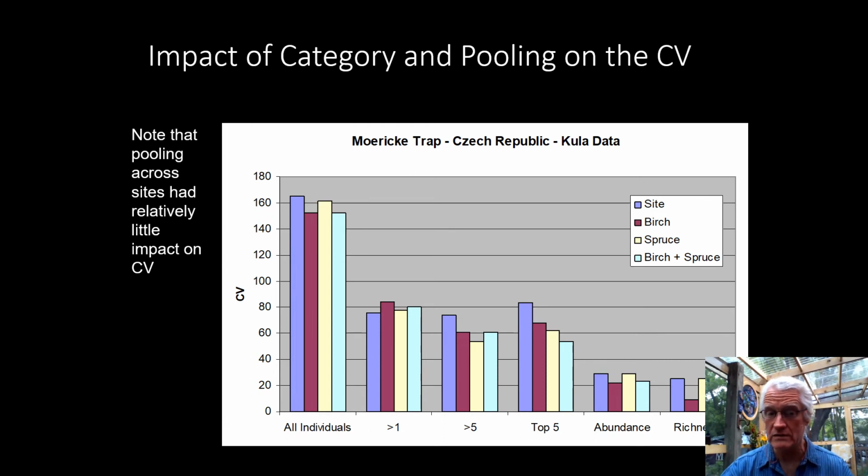For common species, when we do greater than 5, we also have a little more advantage. And when we look at the top 5 most abundant species, again, we have about the same number. We're in a range in which we can talk about individual species trends for this much smaller group, whereas most individuals are just off the charts, can't be talked about because they vary so much from year to year in this particular study.